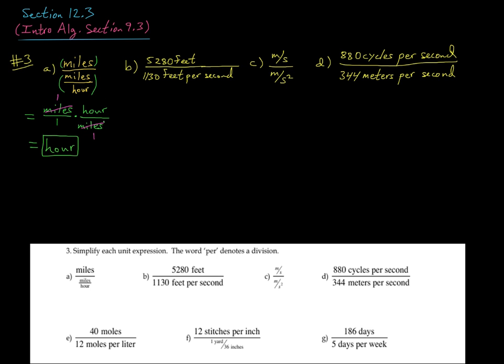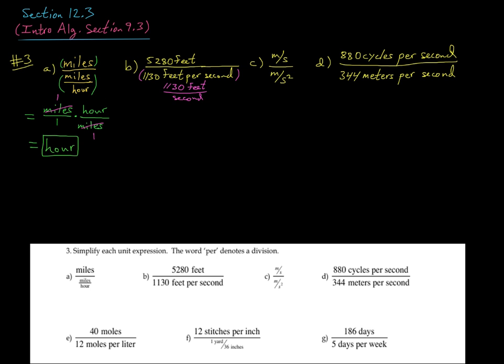Okay, cool. So now for part B, it's pretty much the same idea. When I see something like 1,130 feet per second, you want to think about this as 1,130 feet, and then the per, as it says here, denotes a division. Think about that as a division bar, per second.